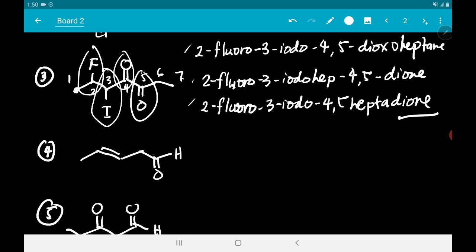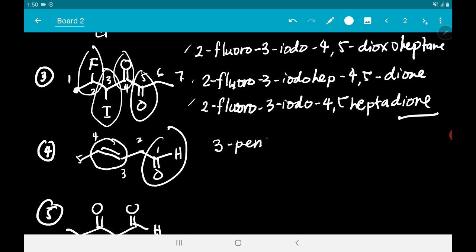So number 4, we have an alkene and we have an aldehyde. So we can name this as 1, 2, 3, 4, 5. Okay. So that's 3-pentenal. It's a pentene but it's pentenal.